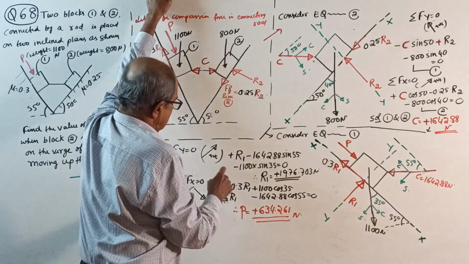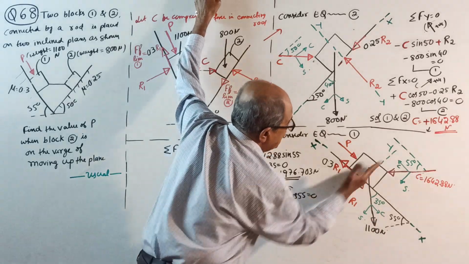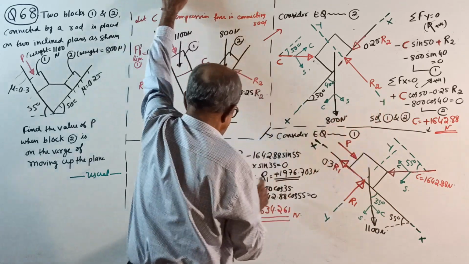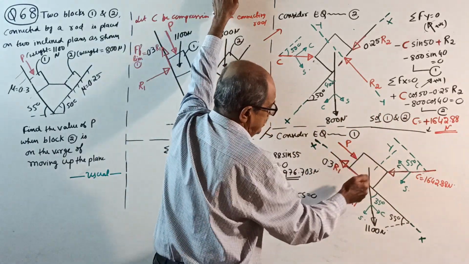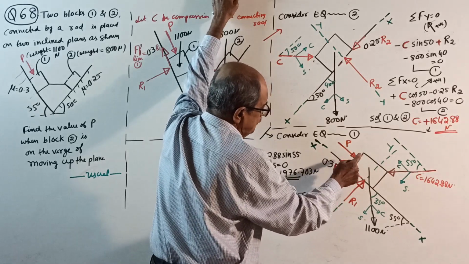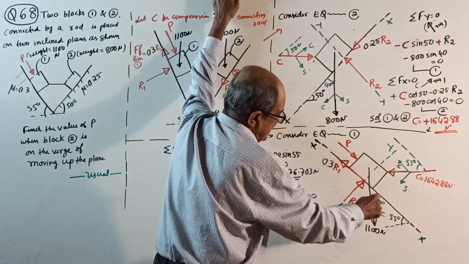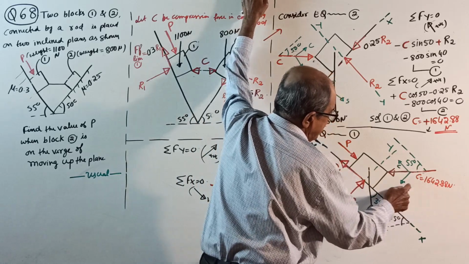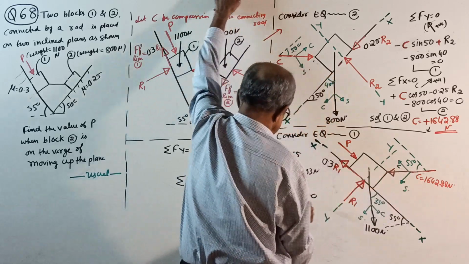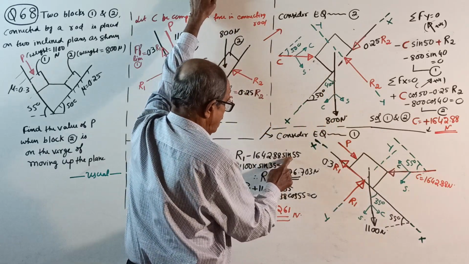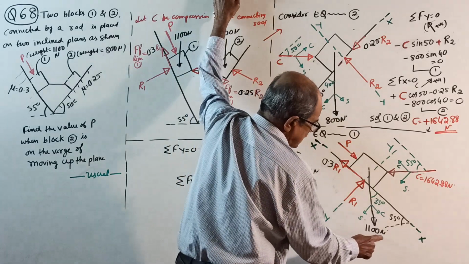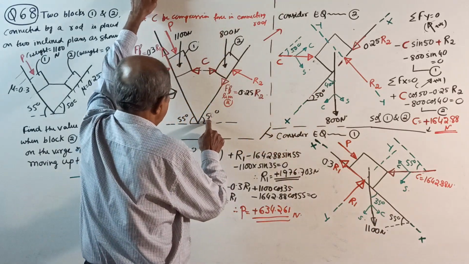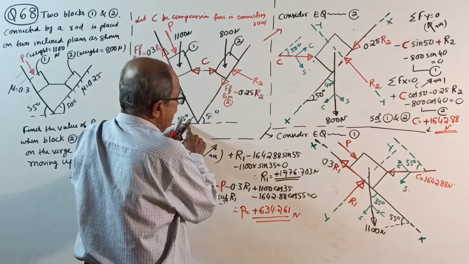Start. This is YY, this is XX. Sigma Fy = 0: plus R1, this is not there because these two are directly along XX, then minus 1642.88 into sin 55, then minus 1100 cos 35, equal to 0.